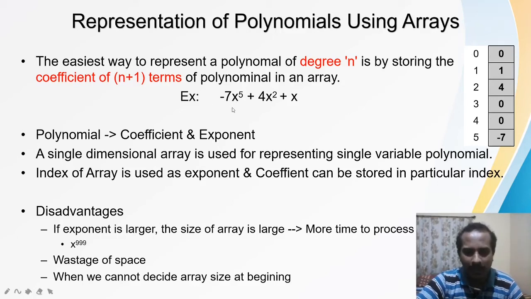If I expand the polynomial here, I can write it as minus 7x to the power 5 plus 0x to the power 4 plus 0x to the power 3 plus 4x to the power 2 plus x to the power 1 plus 0x to the power 0.